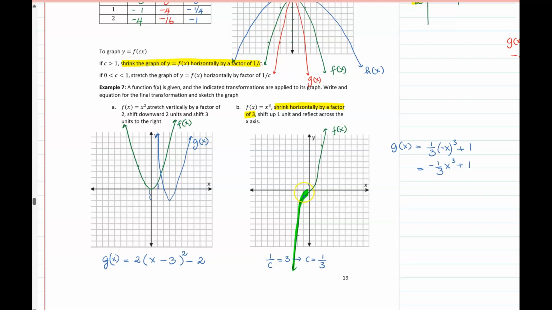The difference in this distance here will be a third. Similarly, we get the same on this side. And we can sketch the graph. And this is the sketch of g of x.